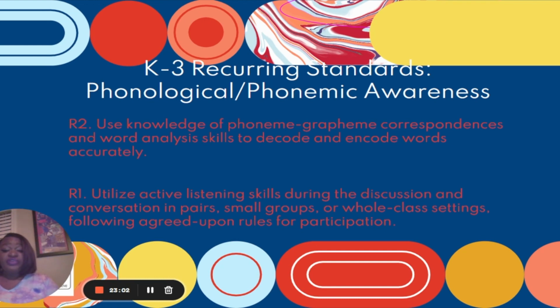In order for them to effectively and efficiently put those phoneme grapheme correspondences together to decode and encode words, they must rely heavily on their knowledge of phonological and phonemic awareness. So those are the two recurring standards that are directly tied to phonological and phonemic awareness.